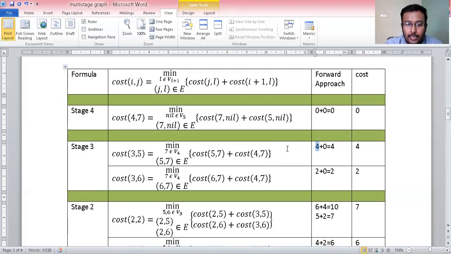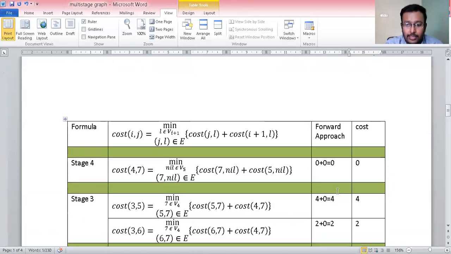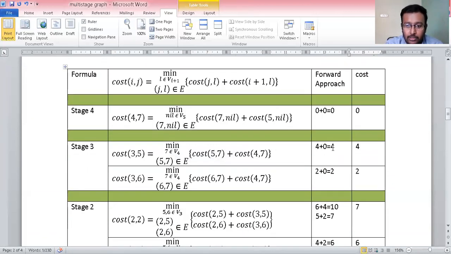You can check it from the graph, plus the cost of the vertex 7 at stage 4 is 0. How did I get that 0 answer? Just move above. See, the cost of the vertex 7 is 0. So I take the answer from that. So I'll proceed with the summation operation. Then I get the answer as 4.